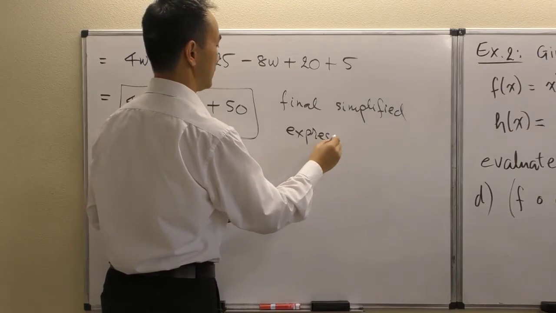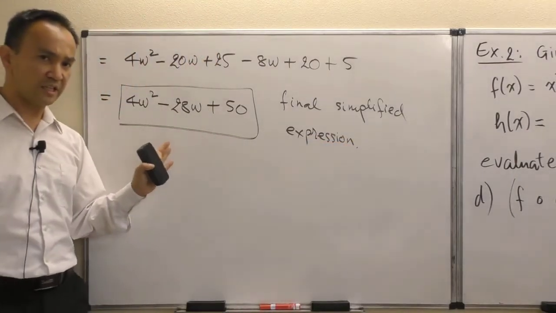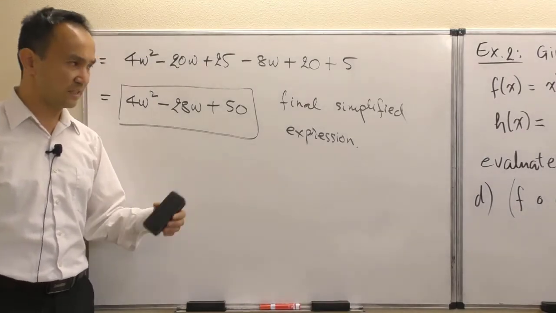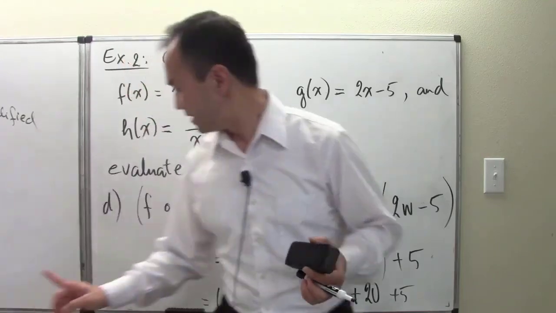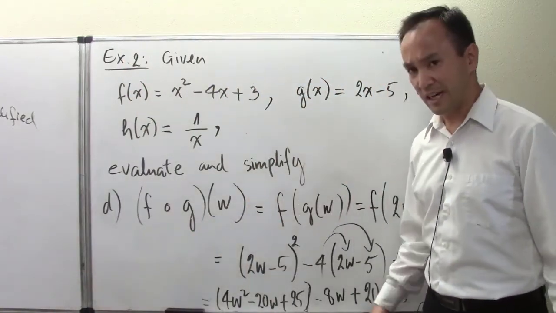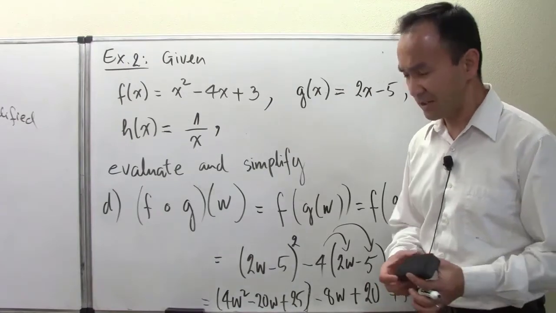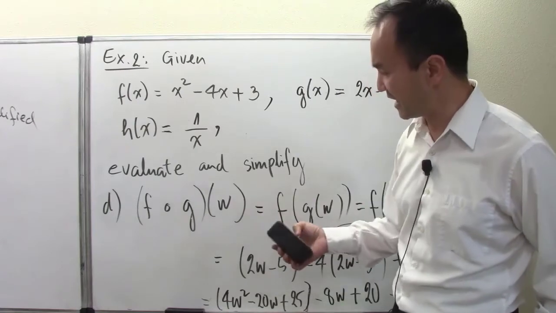That's how I call it a lot of times, but in the end, that's just whatever the ending result of f of g at w. So that's how it's done. Let me put in a few more problems in this current example.